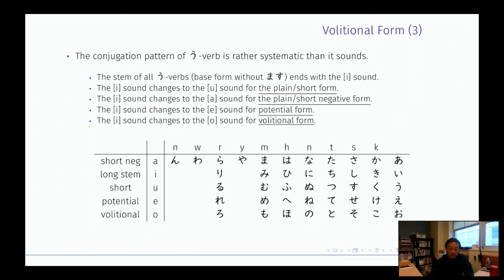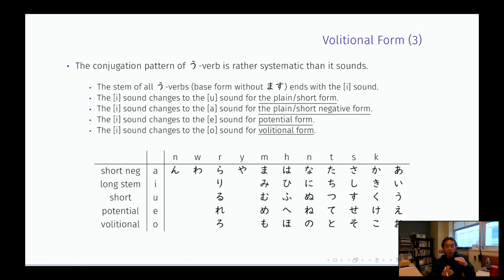But actually, volitional form is the last conjugation pattern that you have to know, and that sort of completes the whole pattern. Okay, so let me show what I mean. The problem with conjugation is always the verb, right? Verbs have so many different rules. So this is where things get very difficult. But now you can talk about the conjugation patterns of verbs in a much more systematic manner.